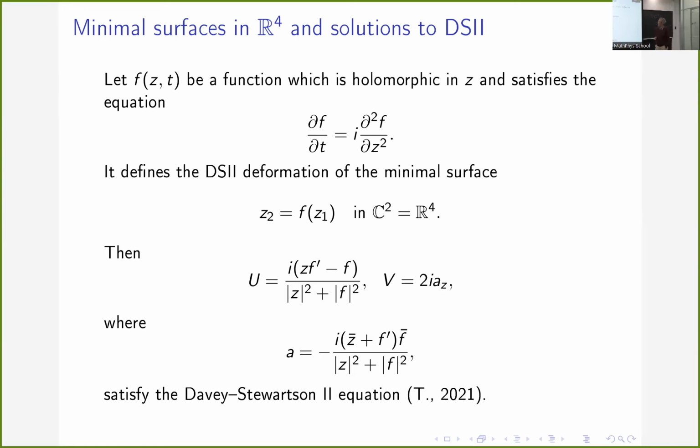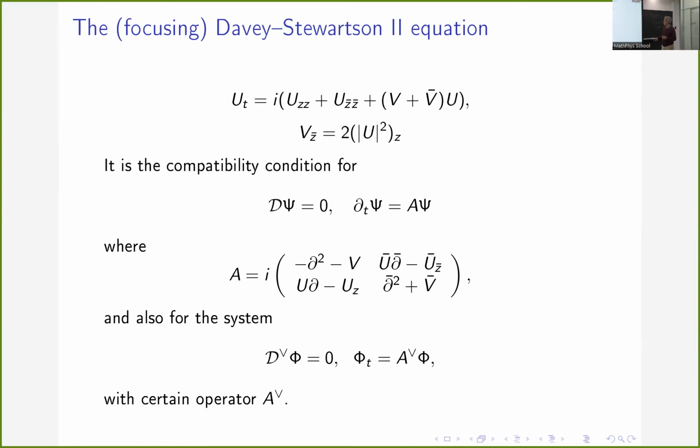Then psi and phi are holomorphic vector functions, where one of them is holomorphic and the other anti-holomorphic. So here d equals 0, u equals 0, but there are still these two terms, derivatives in this.